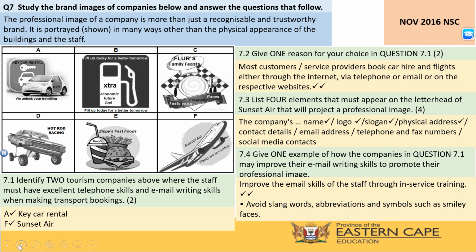You have the answers on the screen. Improve the email skills of the staff through in-service training, and avoid slang words, abbreviations, and symbols such as smiley faces or cross faces or thumbs up in emails. If you want to use that type of thing, you use it when you are communicating with your friends and not on a business email.